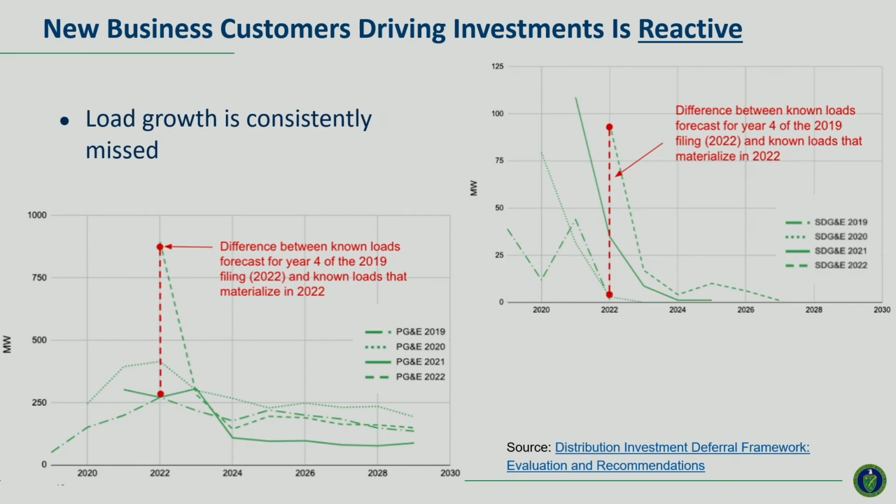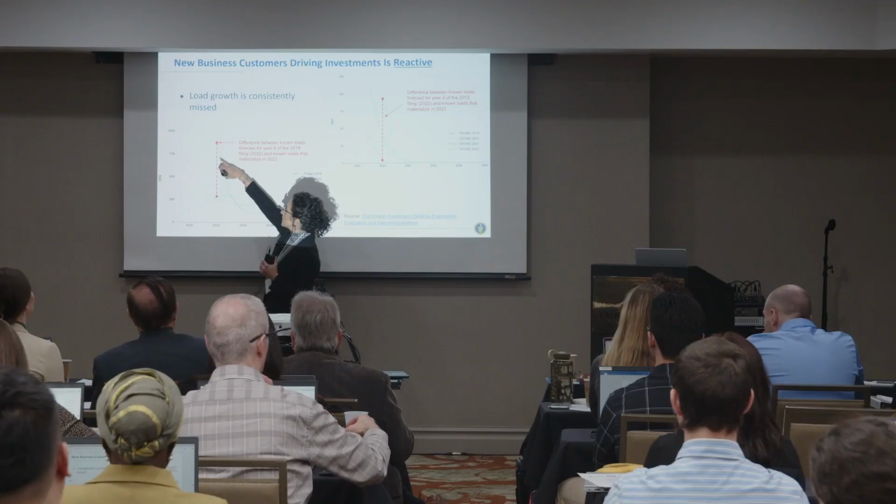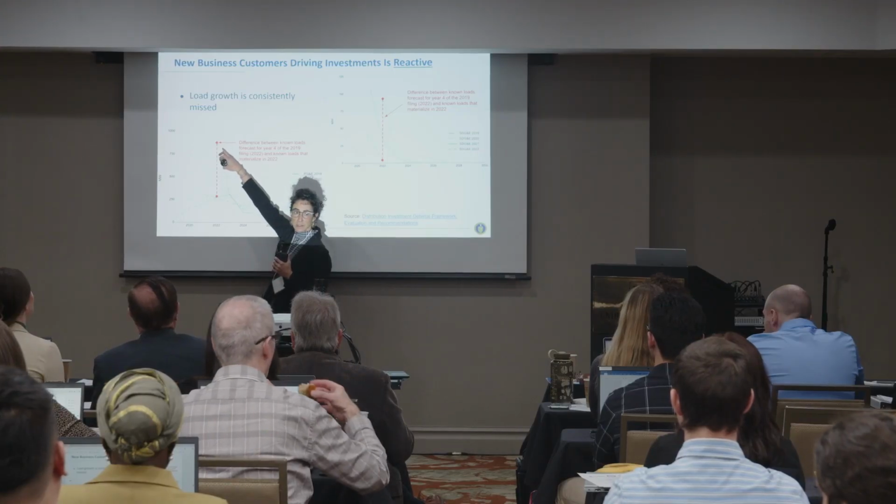PG&E filed these known loads in 2019, 2020, 2021, and 2022. You can see that in 2019, what they thought they were going to get in 2022 was 250 megawatts. By the time we got to 2022, two years later, they had three times that amount.